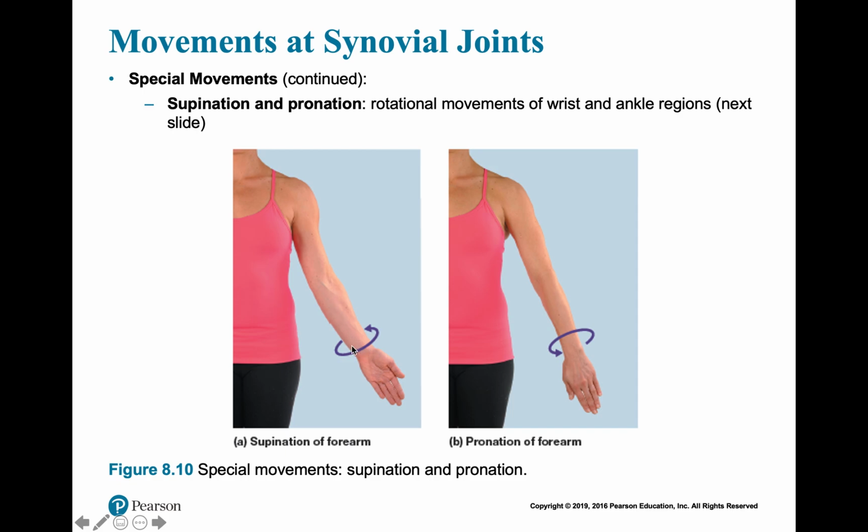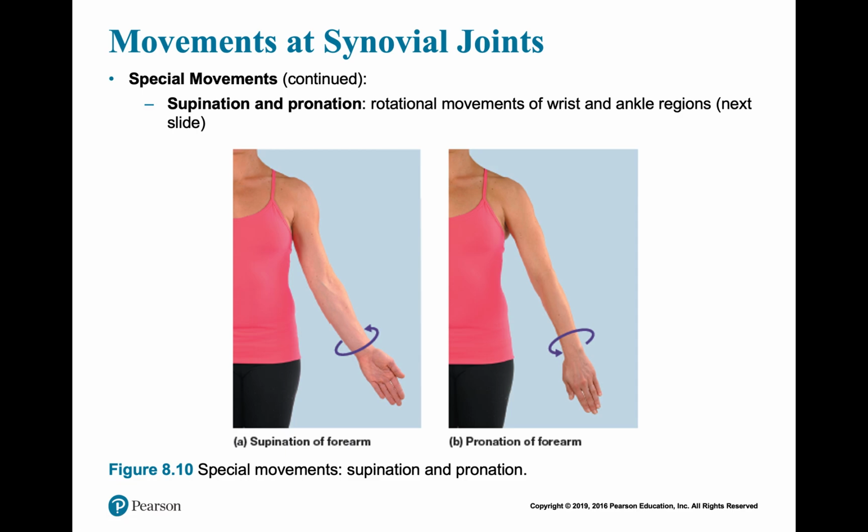And then down here at the distal end of the radius and the ulna, we have the ulnar head that fits into the ulnar notch of the radius. And we have these specialized ligaments that encircle those structures, and it allows for this specialized rotation around the radius and the ulna.